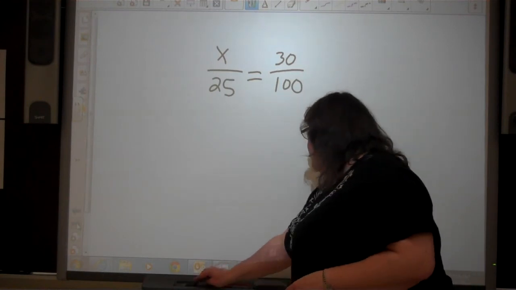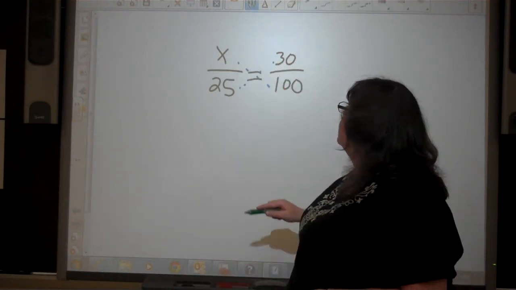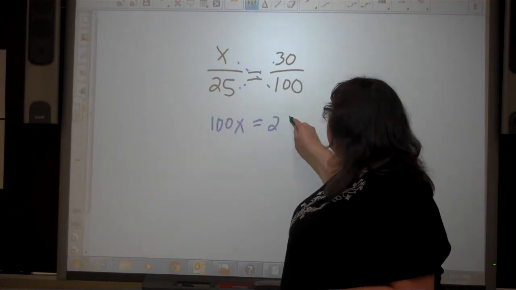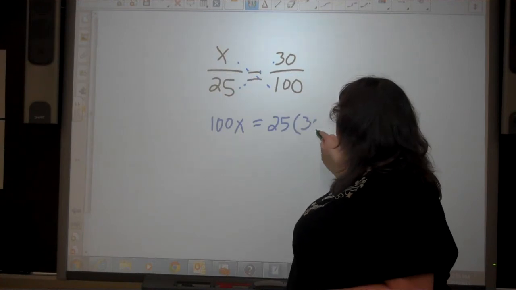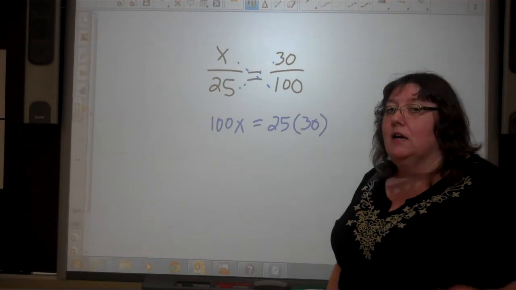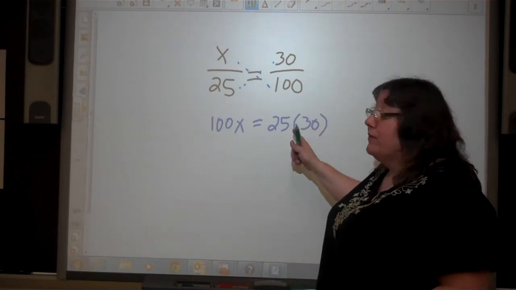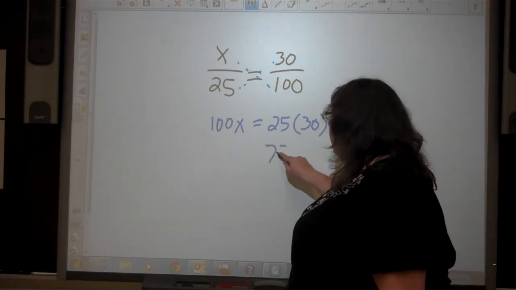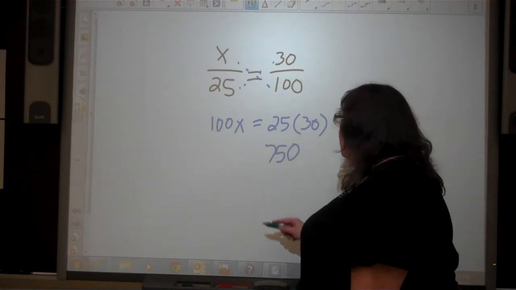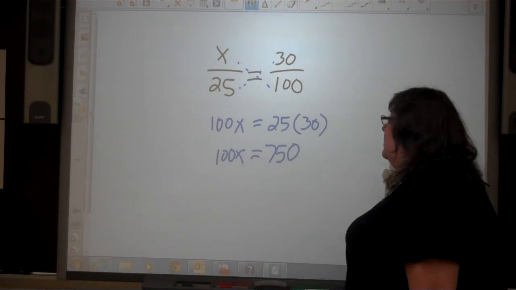So what we are going to do is we're going to multiply across here like this. So we're going to say 100x equals 25 times 30, okay? 25 times 30, it looks big, but really it's not. 30 is just 3 with a 0 at the end. So multiply 3 times 25, that's 75, and then add a 0 at the end. So you're looking at 750, okay? And that equals 100x.